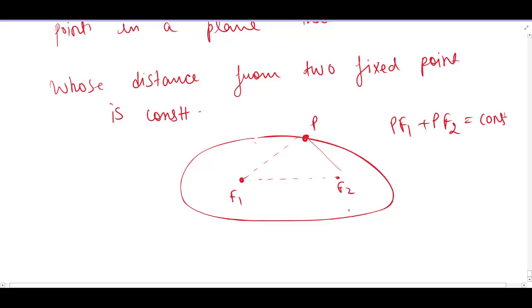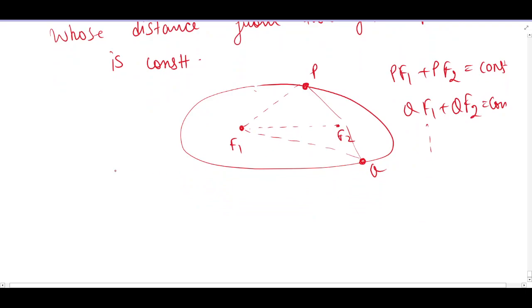Again, if we consider any point Q on the ellipse, then we can say QF1 plus QF2 is equal to constant. So likewise, we can take any number of points, where F1 and F2 are the foci of the ellipse.